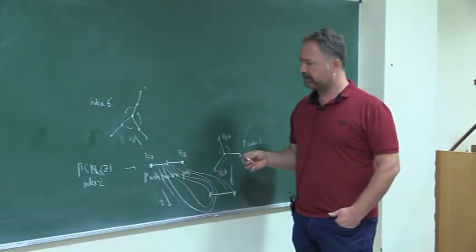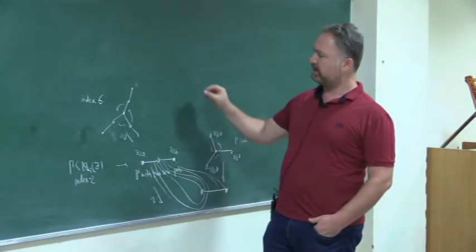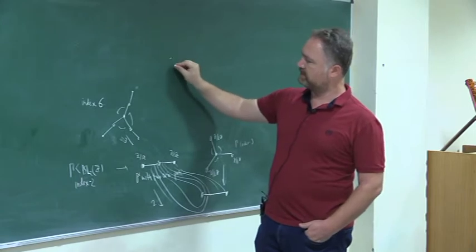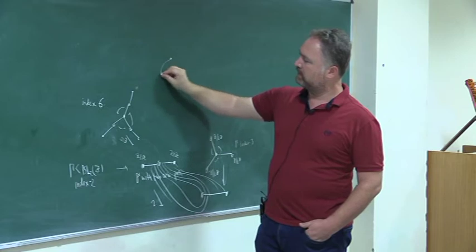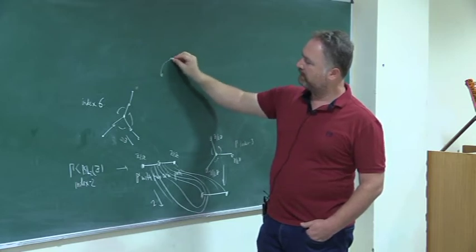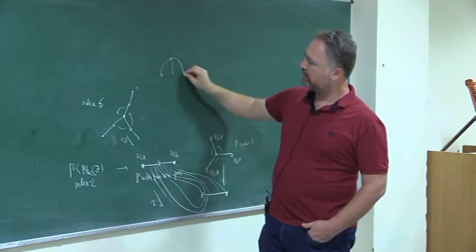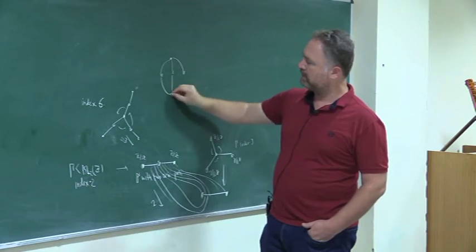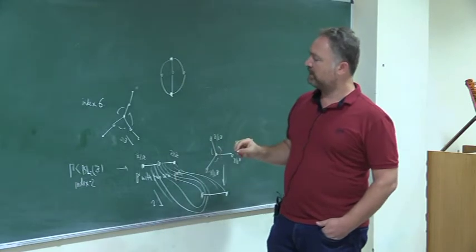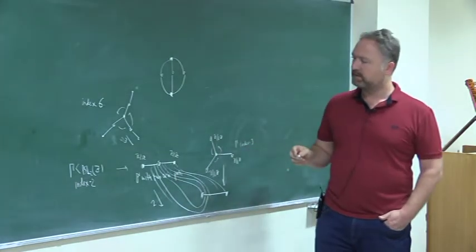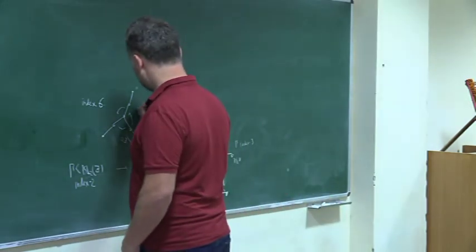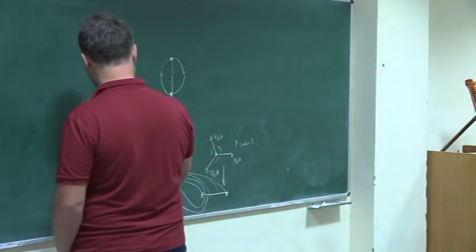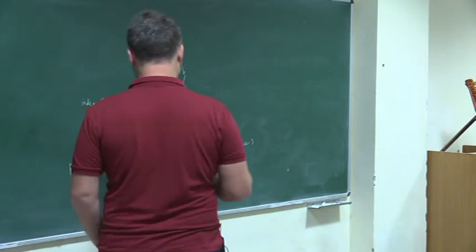However, we can define situations where there is a Z over 6Z action. So this figure also lies on P1, the sphere, this time with 3 orbifold points of weight 3 each.